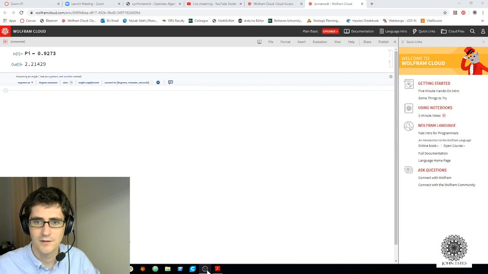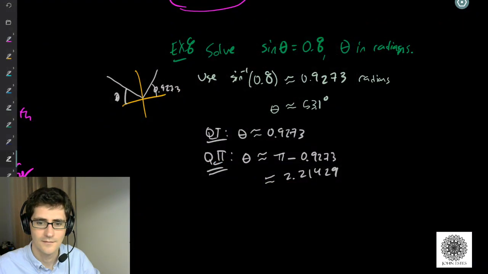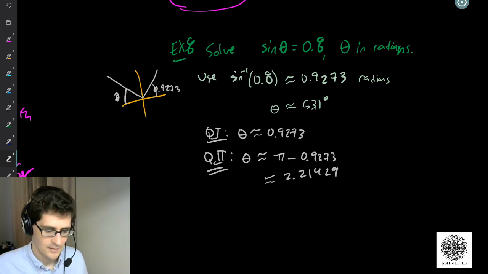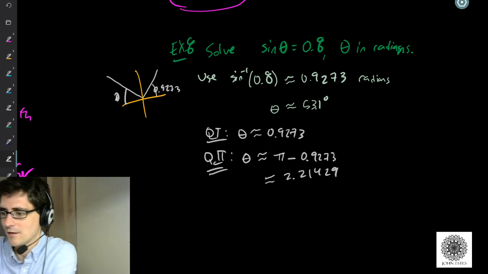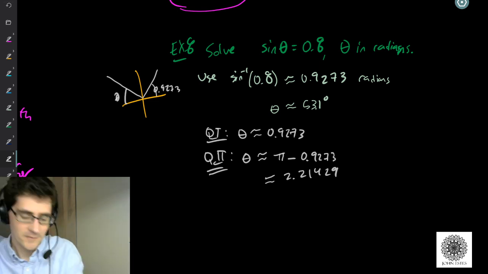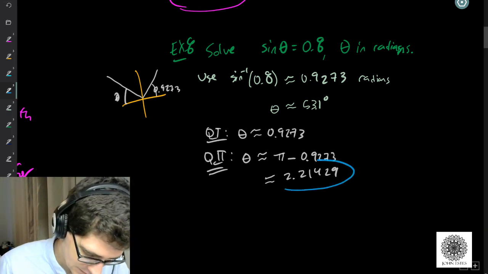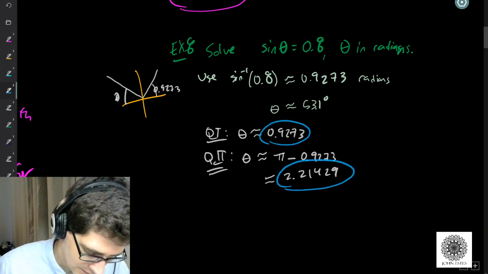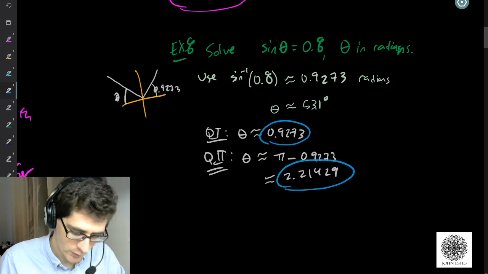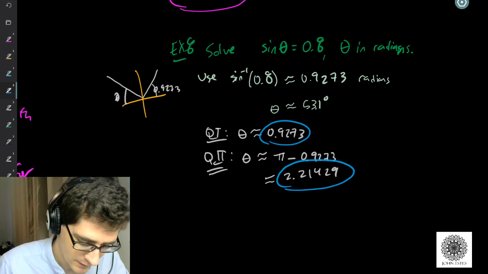All right, let's go back to our notes. And you can see here I have already written down our solution. Wolfram Alpha is a great thing to keep in your back pocket, but my two solutions then are the 0.9273 and the 2.21429.